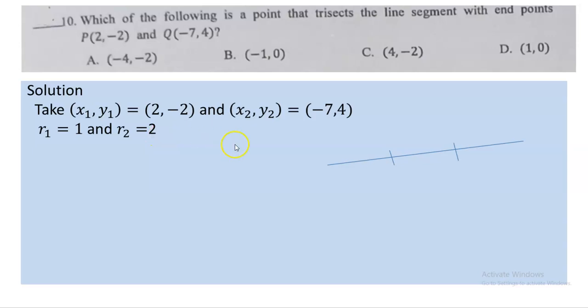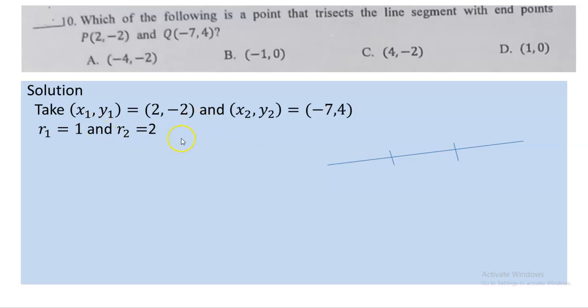If you are unable to obtain the final points in the alternatives, you have to interchange these two, okay? To make 2 come in R1 and 1 come in R2. You have to do that, because the point written in the choice might be a point of this one or this one, depending on the point given in the alternative.